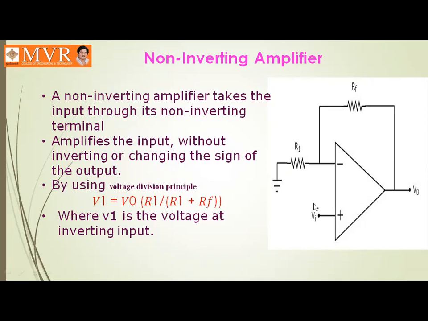As we know, due to the virtual ground concept, as here we have Vi, then here also we have Vi. This node also will have potential Vi.